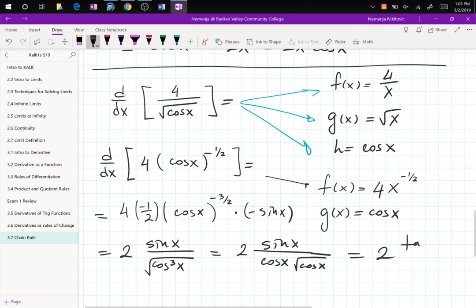So 2 tangent x over square root of cosine x. That's a better form. Not that there would be anything wrong with the other one. It's just we try to find the smallest possible way to write it.